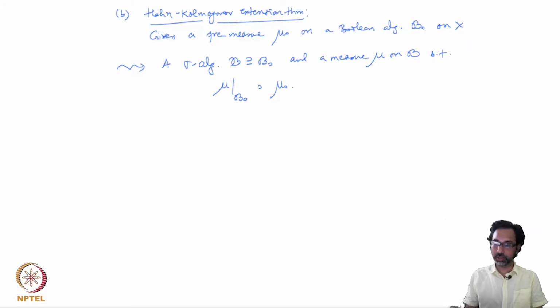So this was the extension theorem, because this measure mu extends mu naught.